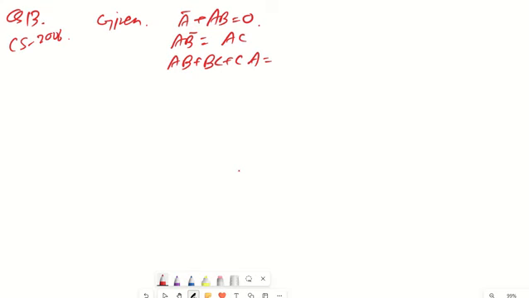It was given some of the terms as, let's say, A bar plus AB is equal to 0. Then AB bar is equal to AC, and AB plus BC plus CA is equal to CD bar.